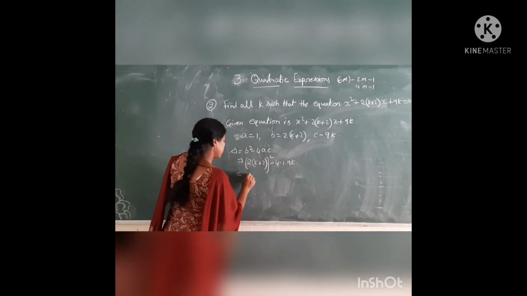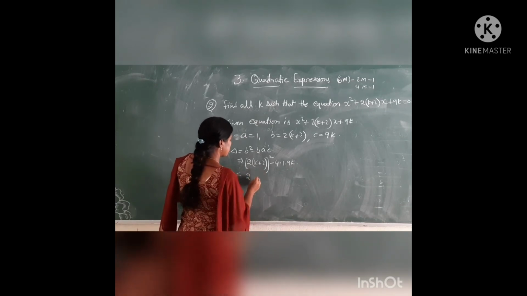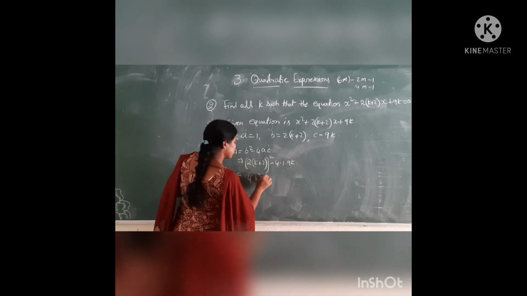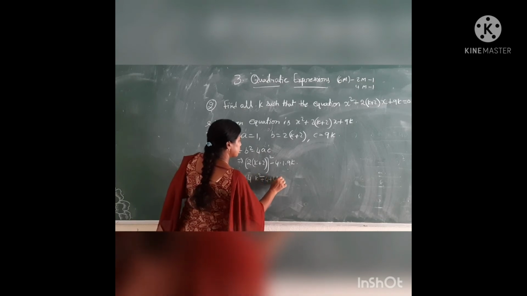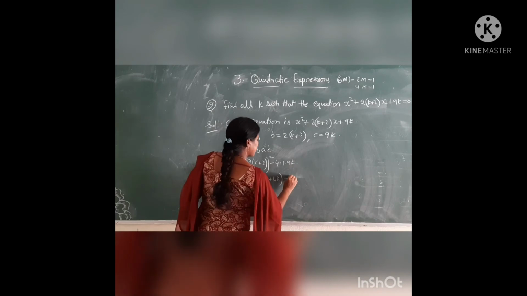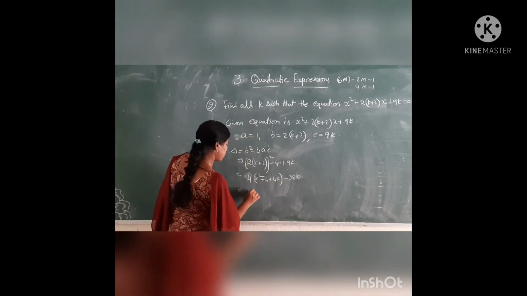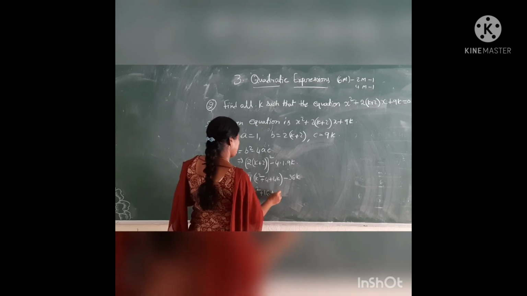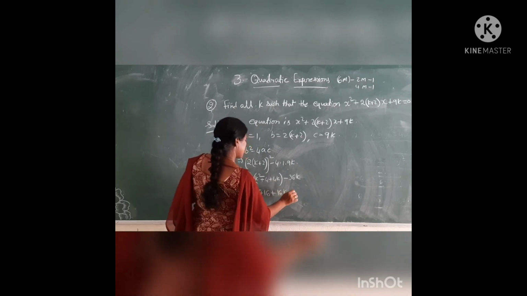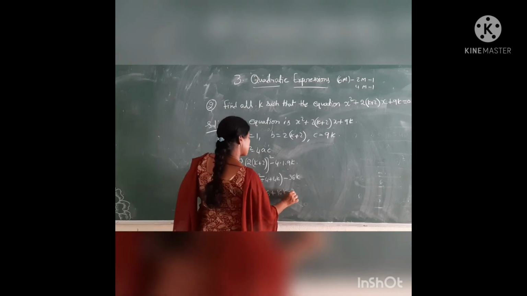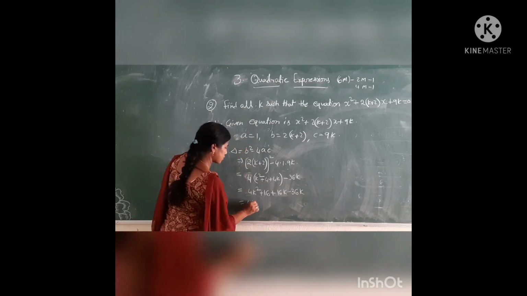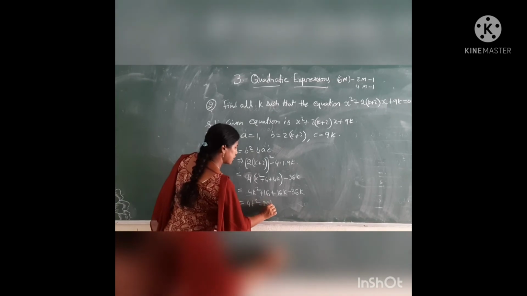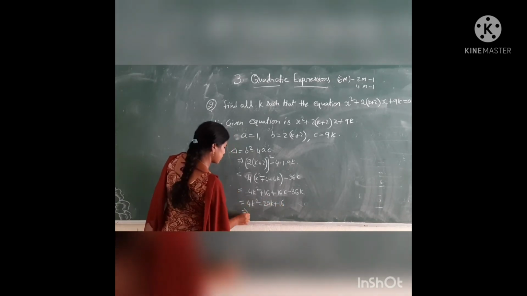Okay, 2 into k plus 2 whole square means 4 into k plus 2 whole square, that means k square plus 4 plus 4k, minus 36k, that is equal to 4k square plus 16 plus 16k minus 36k, that is equal to 4k square minus 20k plus 16. 4 common, this is the whole equation.